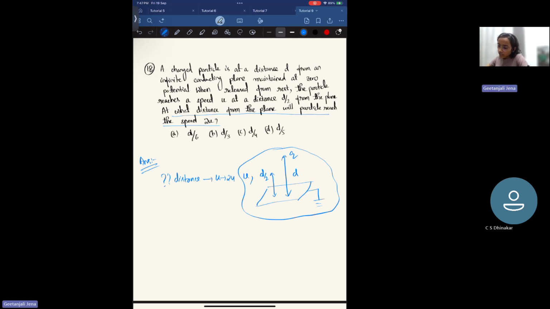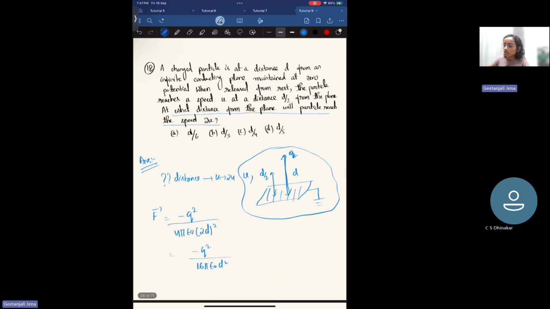What is the force experienced by this particle Q? It is because of the induced charge on the plane, or you can say the image charge. The force is minus Q square by 4 pi epsilon naught (2d) square, so this is Q square by 16 pi epsilon naught d square. This is for a distance d.